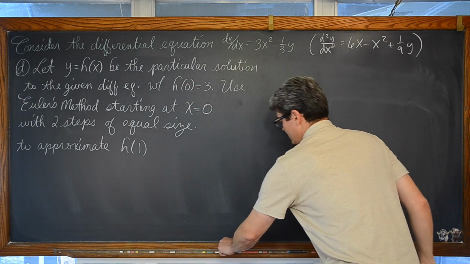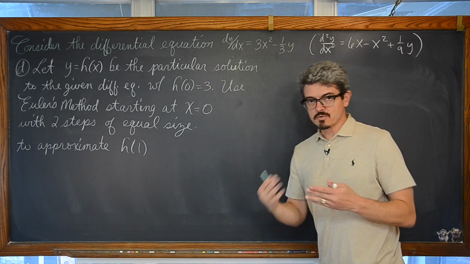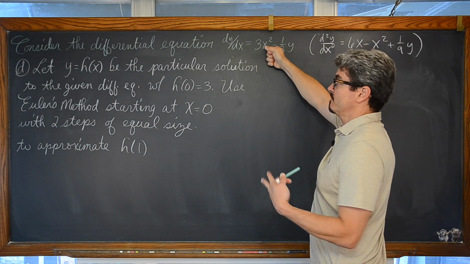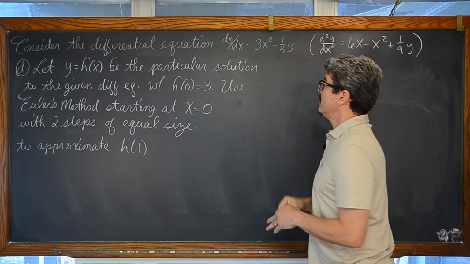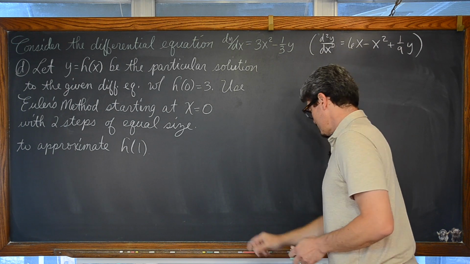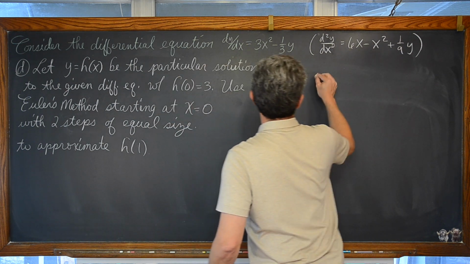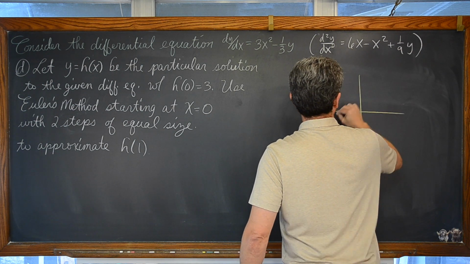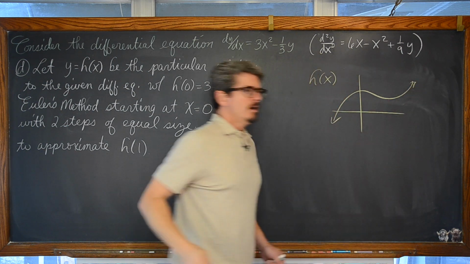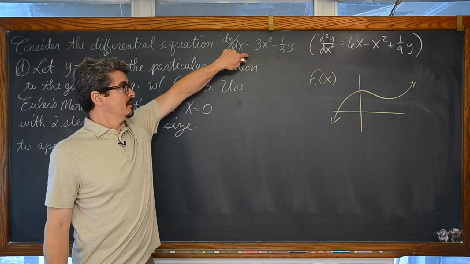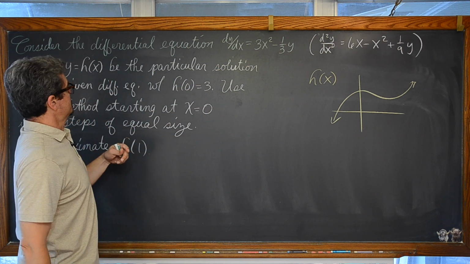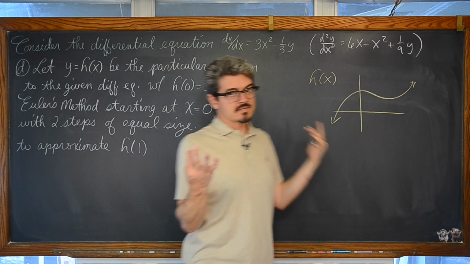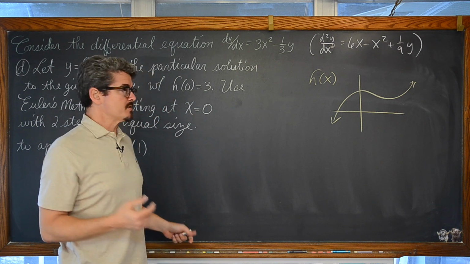And if you're not familiar with Euler's method, hopefully you are, but they're basically saying if we were to solve this differential equation, which for our intents and purposes we don't know how to do, but if we could solve this and find some function h of x, that graph would have some kind of shape, whatever it may be. And this differential equation is describing the slope of this function h, basically everywhere that h is differentiable.